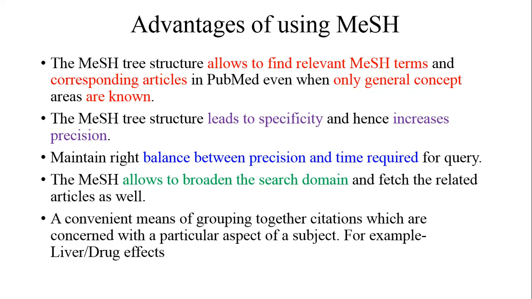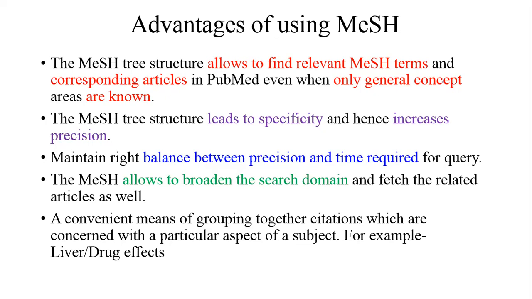The next important thing is that you are able to connect two concepts with each other. You can say it is a convenient means of grouping together citations which are concerned with a particular aspect of a subject. Say, for example, drugs are usually metabolized by liver enzymes, right?